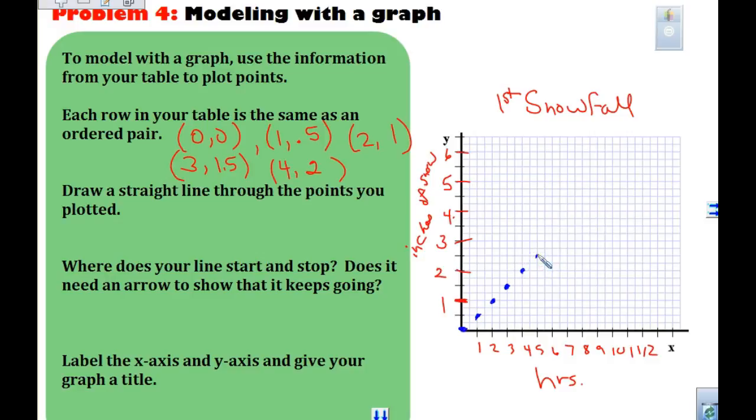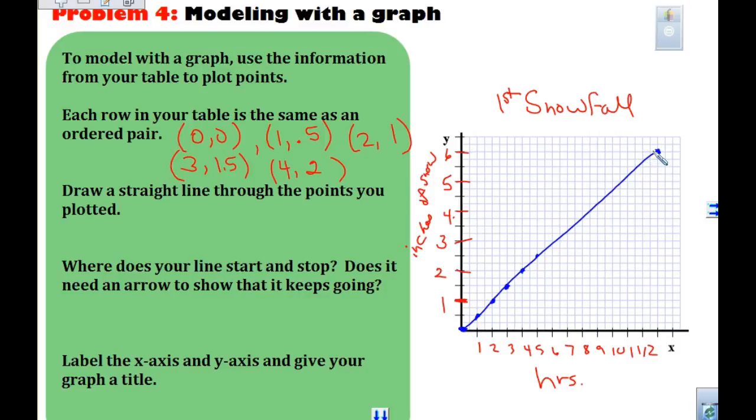And it says, draw a straight line to connect our points. What did we say that at 12, what's the most amount of snowfall we're getting? Is 6 inches, right? So make sure you end here. This is not going to be a graph that continues on and on forever, right?